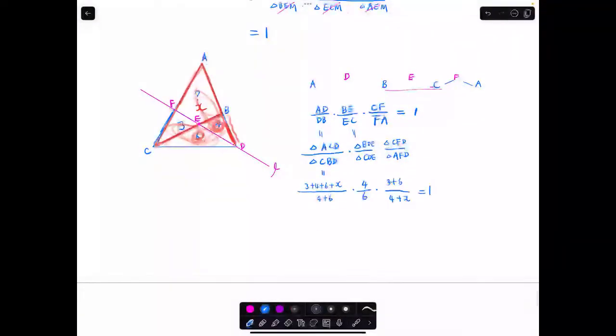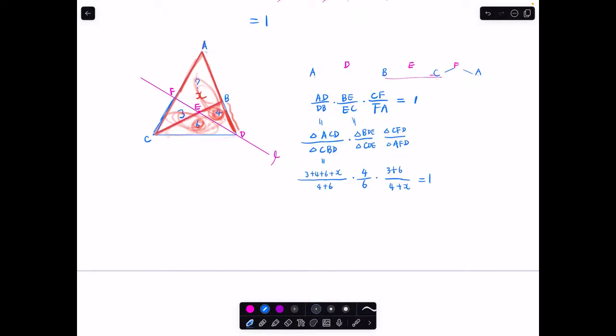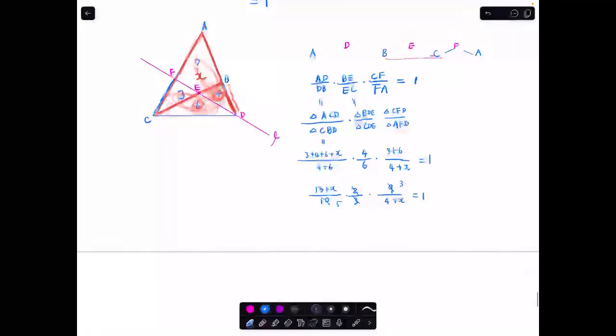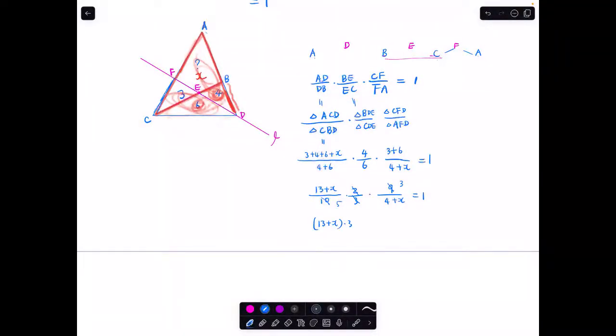All right, we have one equation, one unknown. We can solve for X. So let's do some math here. That's going to be 13 plus X over 10 times 2 over 3 times 9 over 4 plus X equal to 1. This would cancel, this would be 3, this would be 5. So on the top I have 13 plus X times 3 equals 5 times 4 plus X. Let's solve this equation.